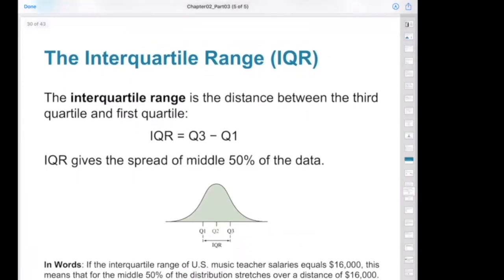Do you remember when I said the standard deviation is not robust or resistant, right? Why? Because it's based on what? X bar, and the X bar is affected by the outliers, right?